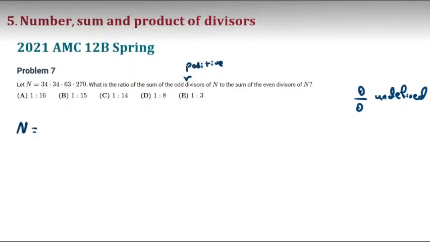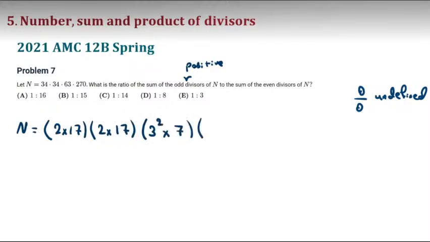It will be what? 34 is 2 times 17. 63 is 9 times 7, which is 3 squared times 7. 270 is 27 times 10, which is 3 cubed times 2 times 5.